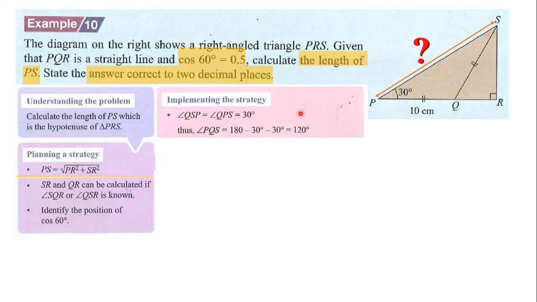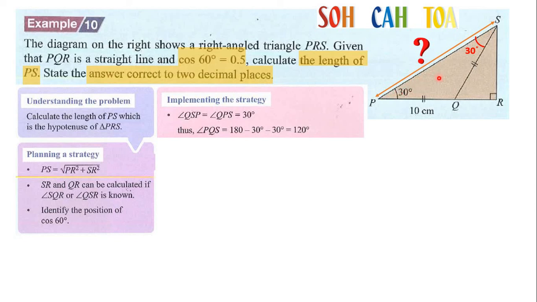So implement the strategy. Angle QSP is 30 degrees, and this one is an isosceles triangle. So this angle is 30 degrees. Thus angle PQS is 180 degrees minus 30. Why 180 degrees? Because the total interior angle for a triangle is 180 degrees.